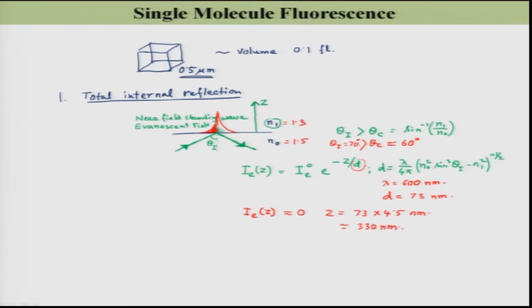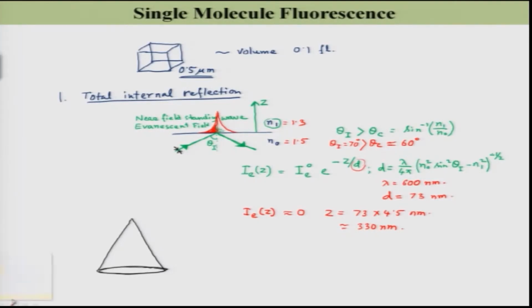That means ultimately I can describe this roughly as a type of cone, where this is a spot, a circle, the spot size of the incoming beam. Here that spot size whatever I have shown is a little tiny, now I am expanding it.